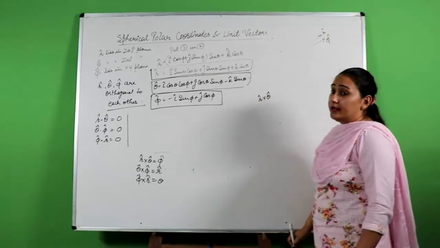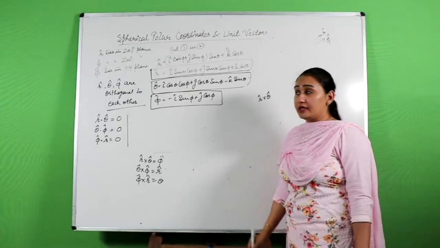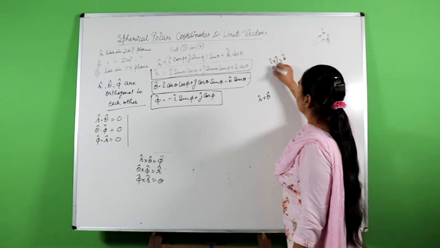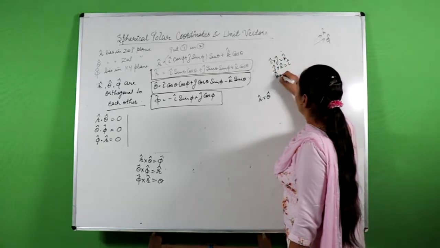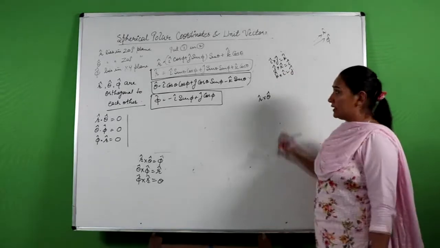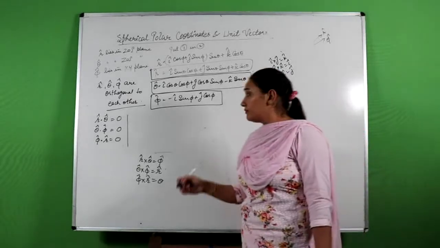In the case of cross product, i cross j gives me k, j cross k gives me i, and k cross i gives me j, and i cross i will be 0, j cross j will be 0, k cross k will be 0.